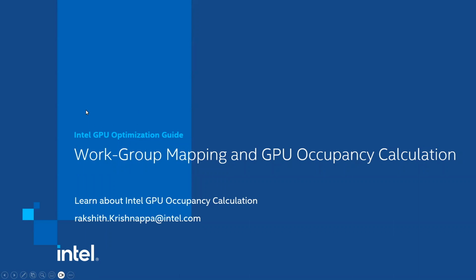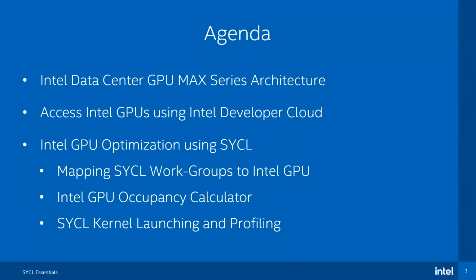So today's topic is mainly part of the Intel GPU optimization guide, and we will mainly be focused on learning what GPU occupancy is and how to map the workgroups to the hardware. Right, so in the agenda, mainly we will first look at the Intel Data Center GPU Max series architecture, just a high-level architecture of how the GPU looks like. And then we will also learn about how to access these Intel GPUs using the Intel Developer Cloud.